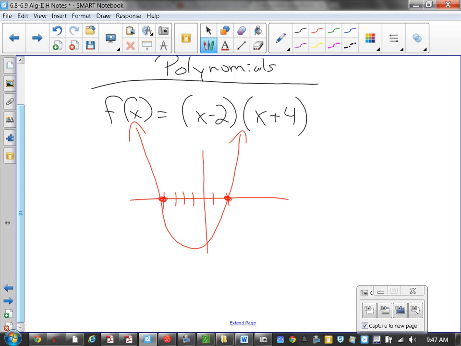If you want to find your y-intercept, what is your value of x going to be? 0. How do you find that then? Substitute in. So to find my y-intercept, I know that y is going to equal (0 minus 2)(0 plus 4). What's your y-intercept? Negative 8. Can you plot that?